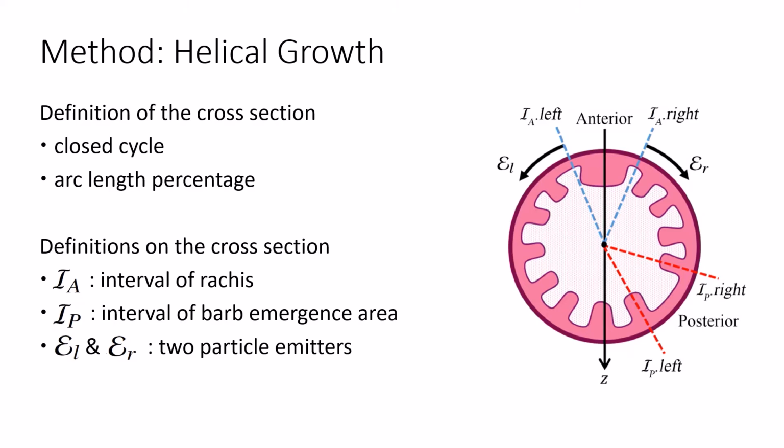Each one is specified by a location pair on the cross-section. In order to simulate the barb emergence, we define two particle emitters on the cross-section, so every particle will represent a new barb.